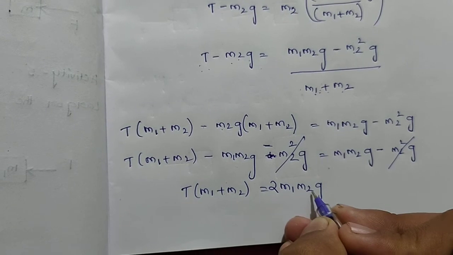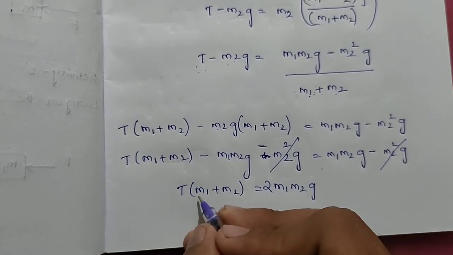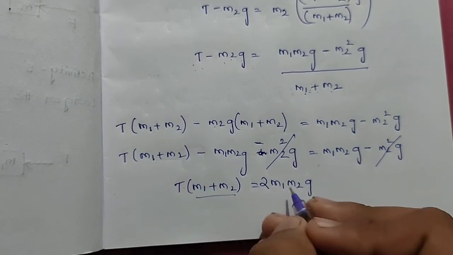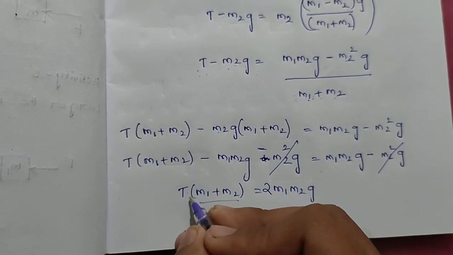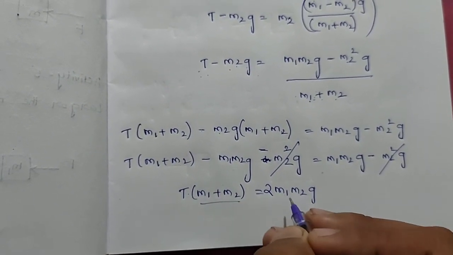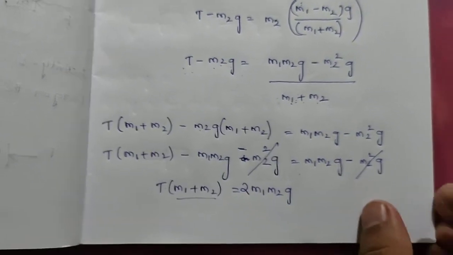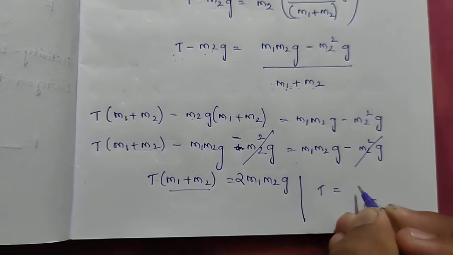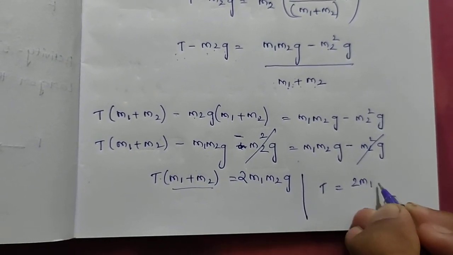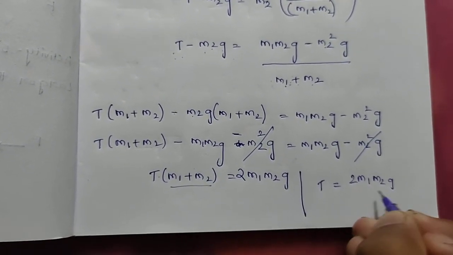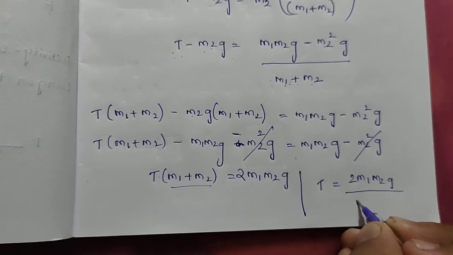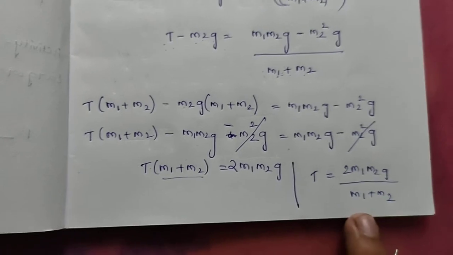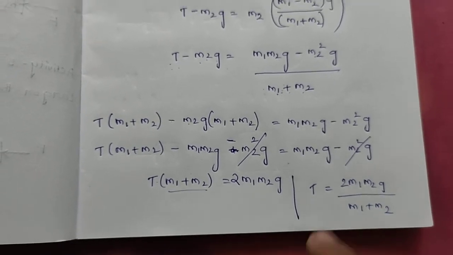And now I'll send this term from the left to the right side, if it is multiplying over here, so if I send it to the right side, it would divide. So I'll remain with the formula: T is equal to 2 m1 m2 g divided by (m1 plus m2). So this is my final equation.